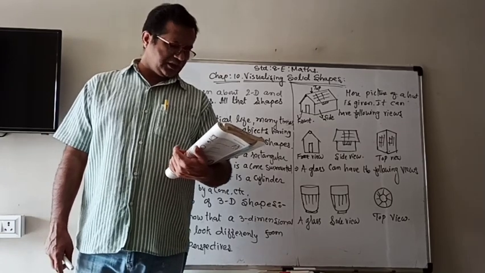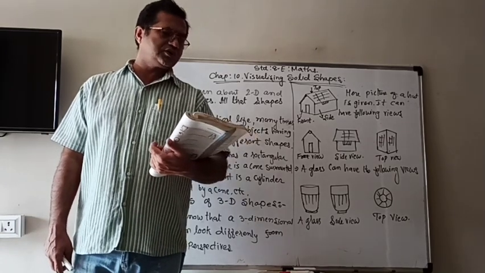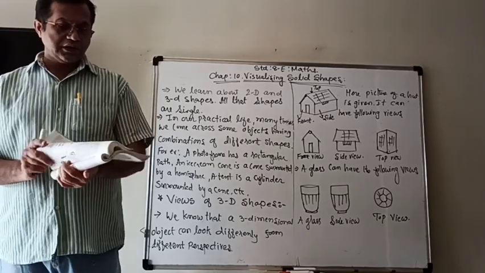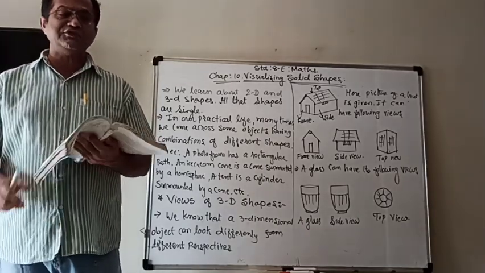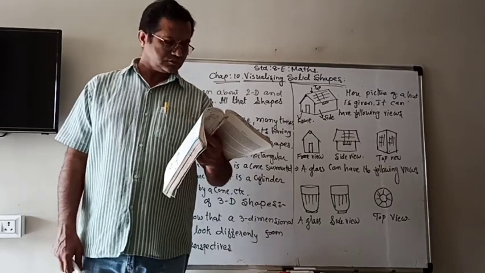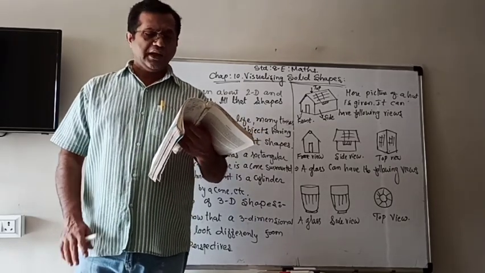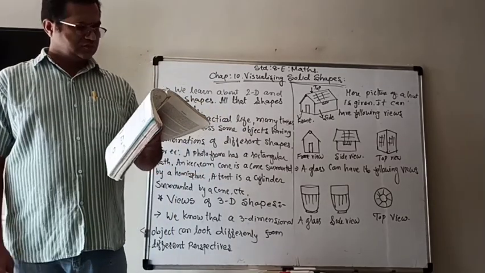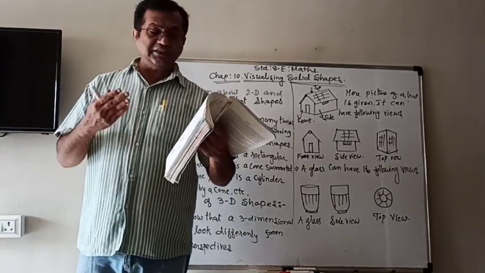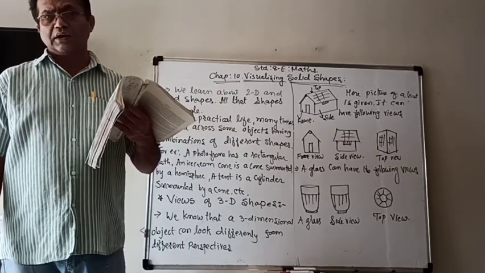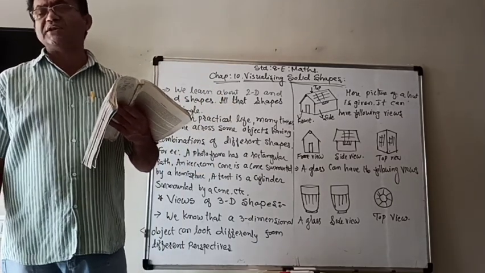Now, in the book, page number 154 continued on 155, there are some shapes given, with the name of the shape and the figure, and in the second column which type of combination is there.